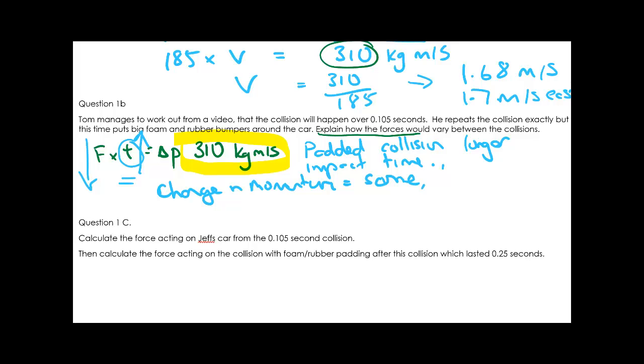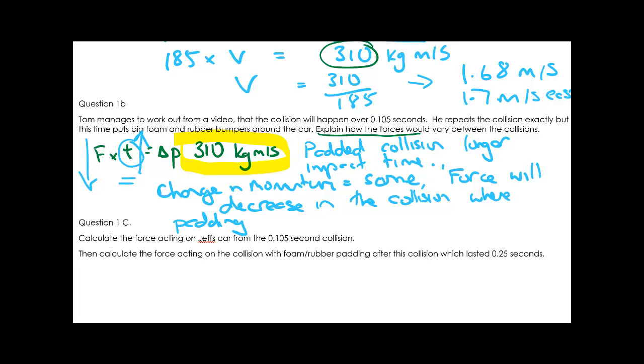Therefore, the force will decrease in the collision where there is padding, because there will be padding or foam or whatever is involved, so the delta t, the time for collision, has increased.